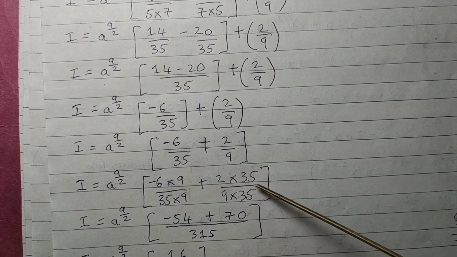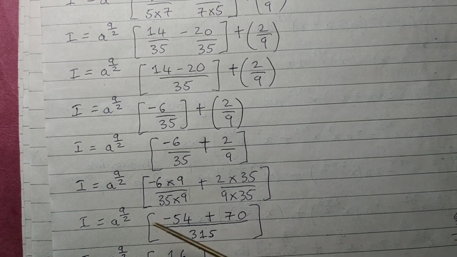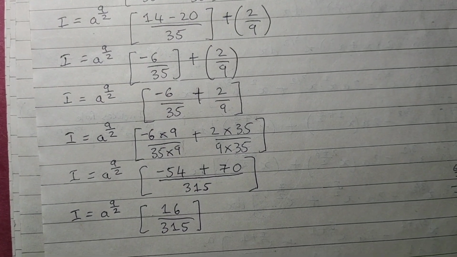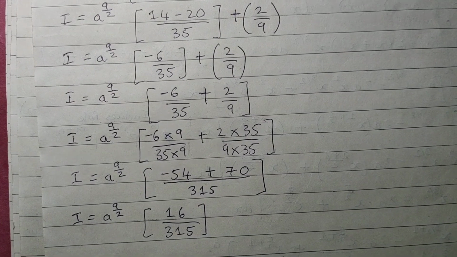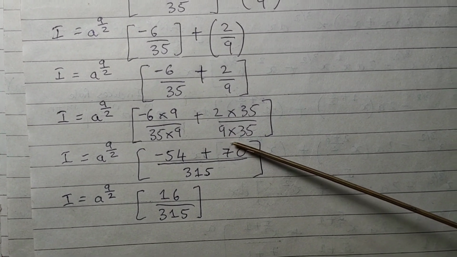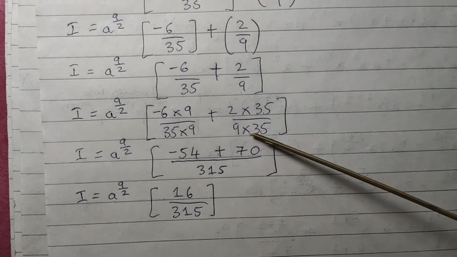So 2 into 35 and 9 into 35. Now you can see the bases are the same, 35 multiplied by 9 and 9 into 35.